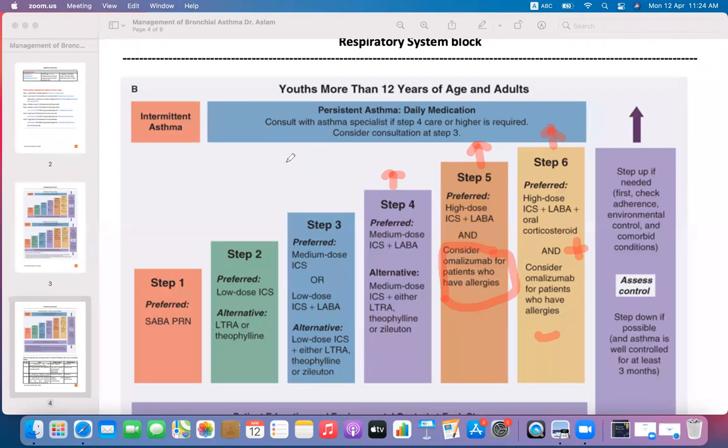There is one note: consult with an asthma specialist if step 4 care or higher is required, and it is recommended to consider consultation at step 3.